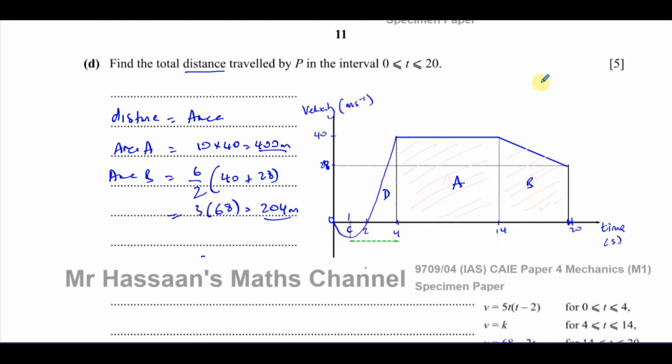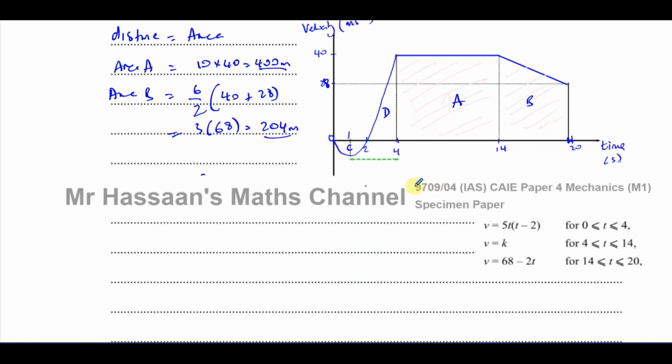Now for the area of this section C and D here, we need to find that area. This is going to be found by integration, but we must take care of the fact that C is below the horizontal axis, the time axis.